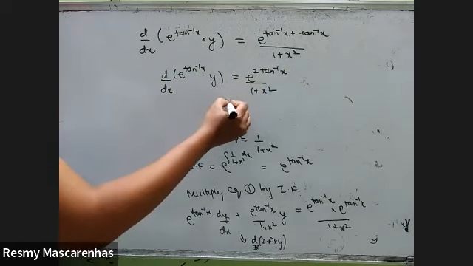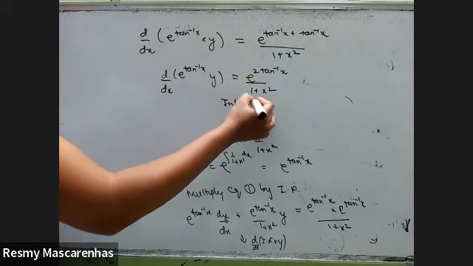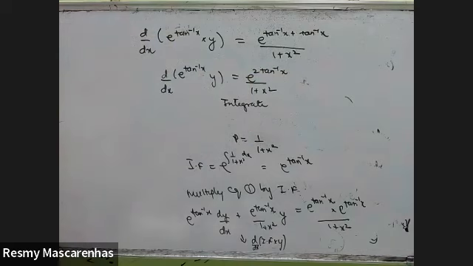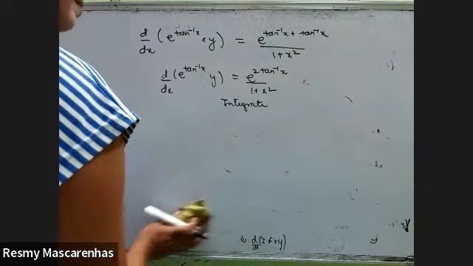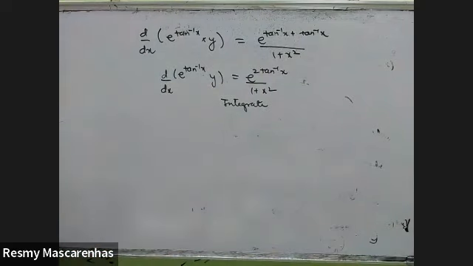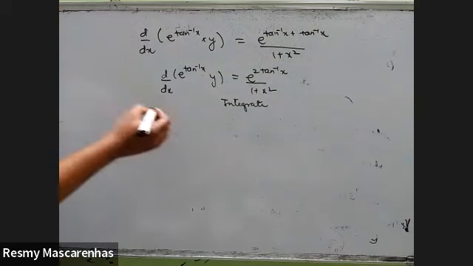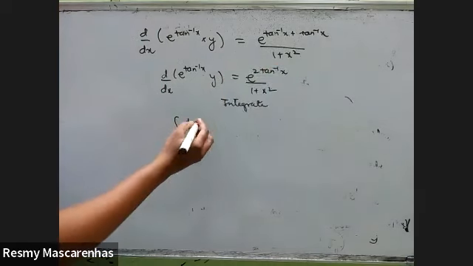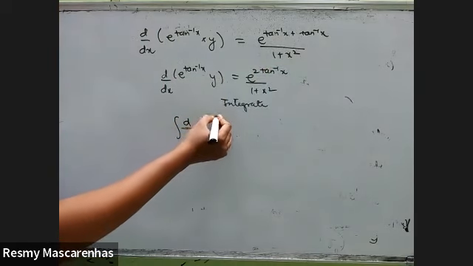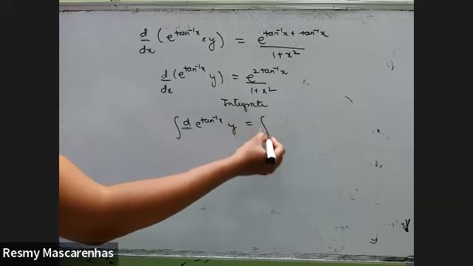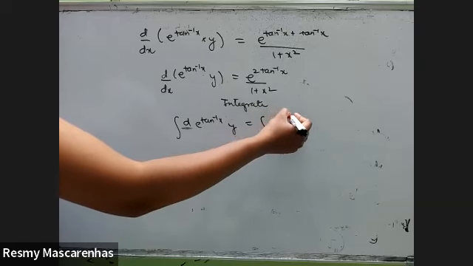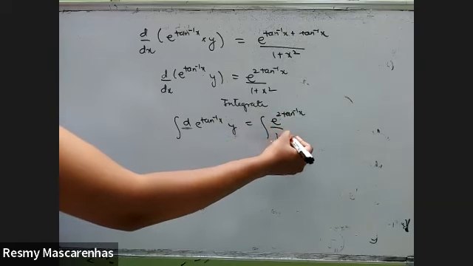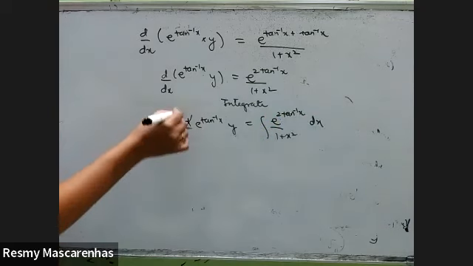Now integrate. dx I'll take on the other side. This and this will cancel.